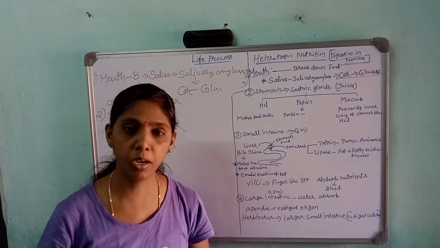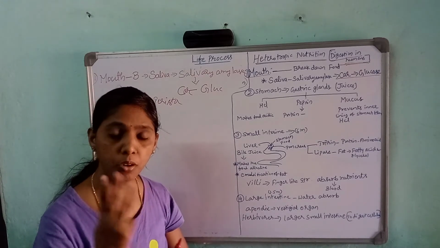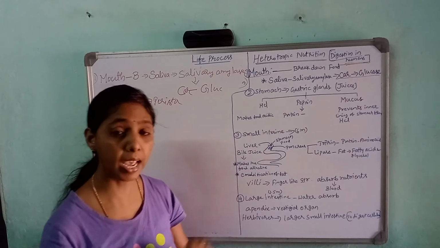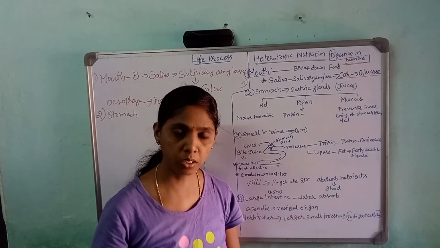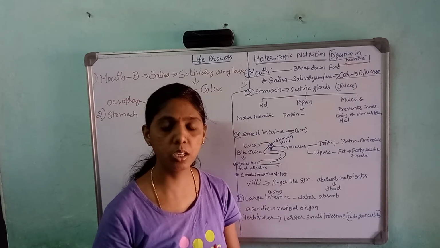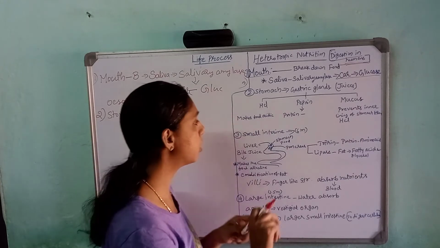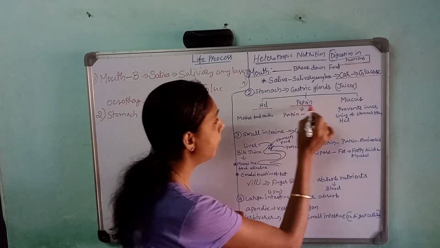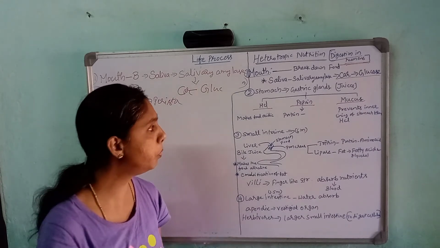What is there in the stomach? Gastric gland is there. The gastric gland produces gastric juices. That gastric gland produces how many types of juices? Three types of juices. Those juices are called HCl, pepsin and mucus.